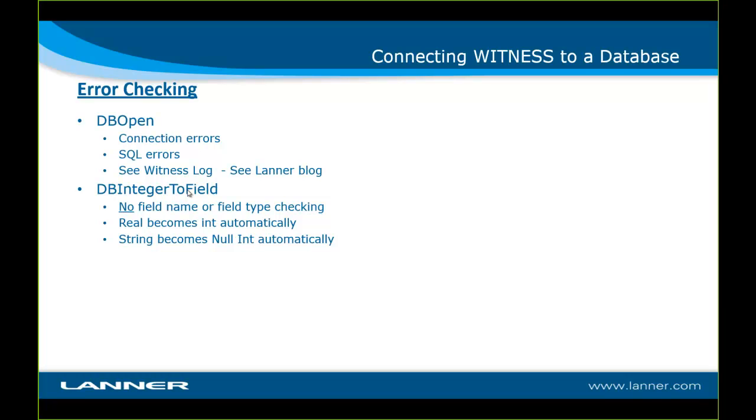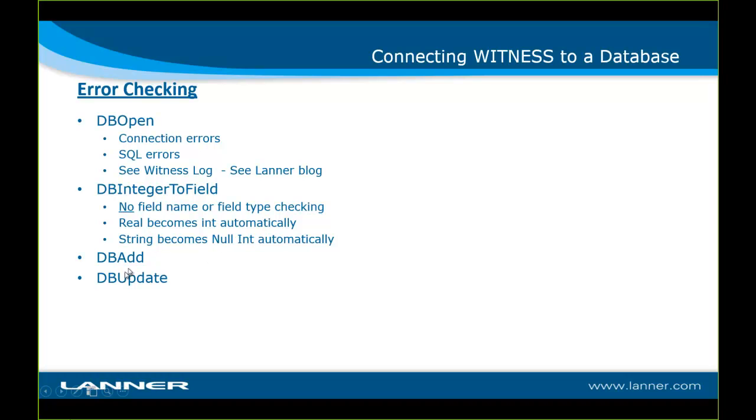It'll just carry on very slowly. It also won't check that you are outputting a string to an integer field. If you do, what you will get is a null. You'll get a blank instead of a number. If you output real to int, then it automatically rounds that to the int anyway.